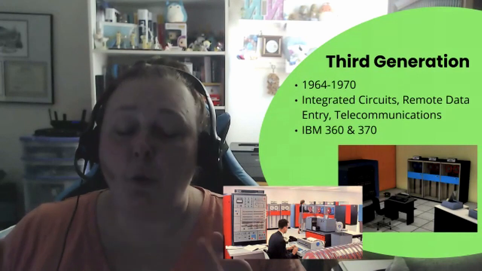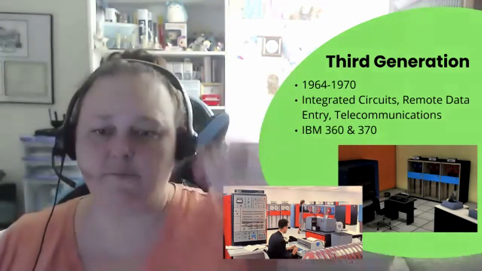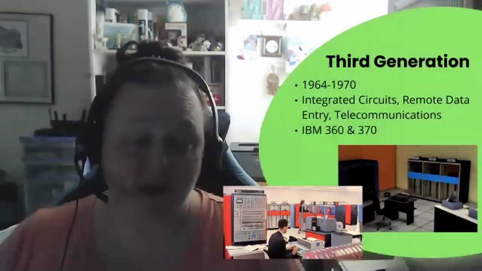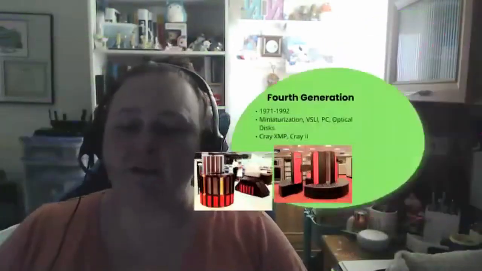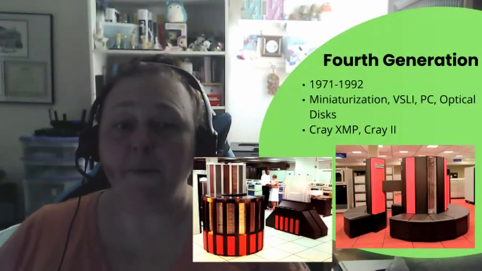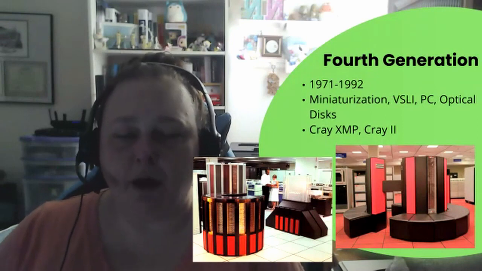Okay, so this picture right here, this picture right there, is still a very large computer. So that has not changed at all. Let's go on down to the fourth generation. Now, this is the 70s through the 90s. This is sort of where I grew up.